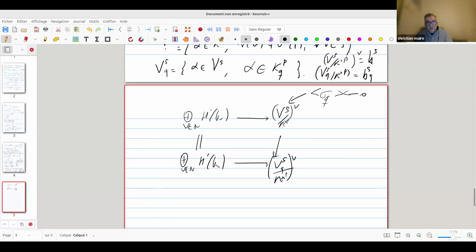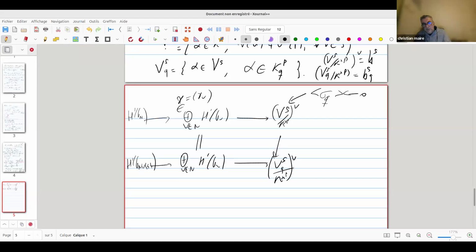So given some x, some local specific condition, I want the x to be in the image of my map, which was a global map, remember? And to be in the image means to be in the kernel. Maybe it's not in the kernel, but you have to add some extra ramifications such that my x is in the kernel of this map.